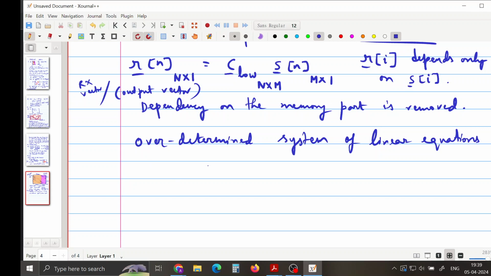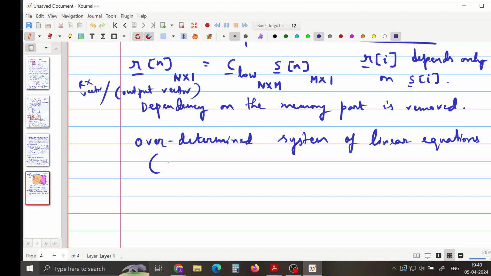If you had N equations and N unknowns, it's fine, you can solve it using the standard method. Then you would actually have a solution, provided the matrix is invertible. But here it's a different scenario.